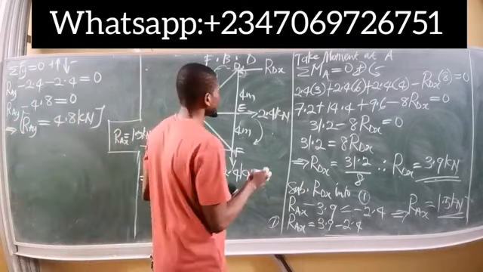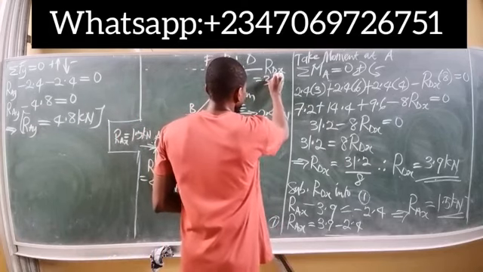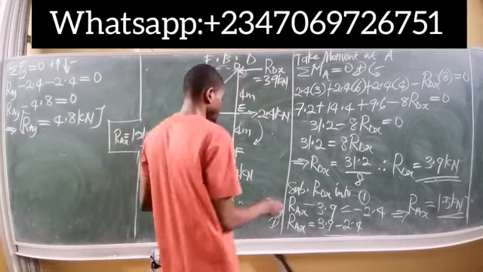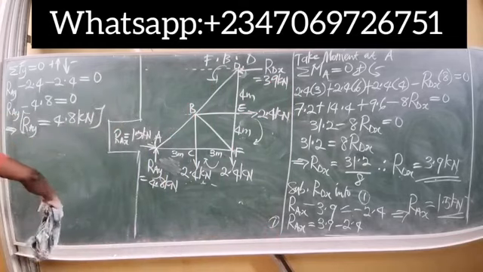And then we had RDS. This gave us 3.9 kilonewtons. So I can take all this off.